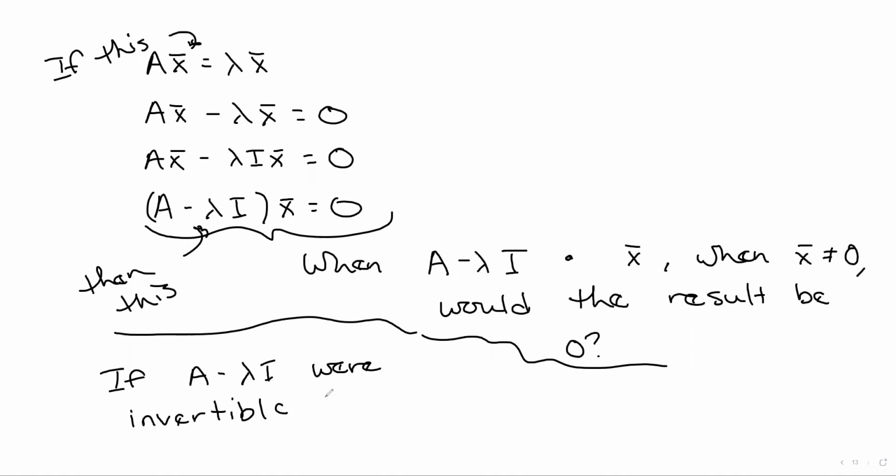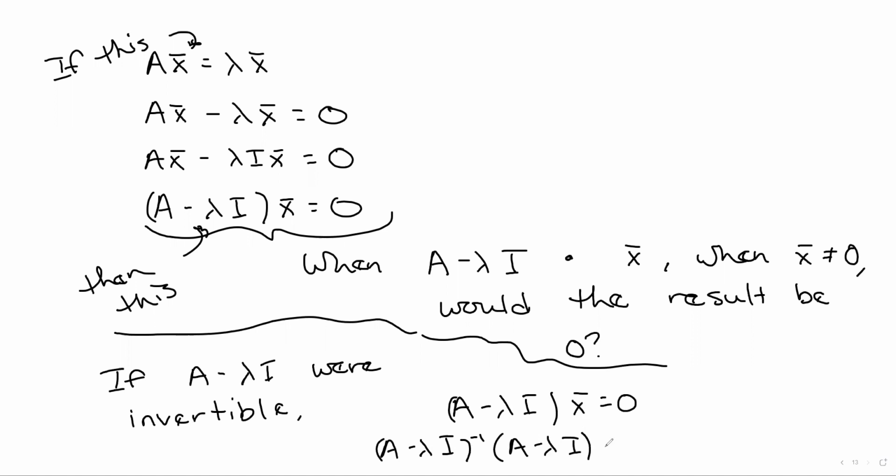If A minus lambda I were invertible, then what we could do is take this and multiply by A minus lambda I inverse on both sides: A minus lambda I inverse times A minus lambda I times X equals A minus lambda I inverse times 0.